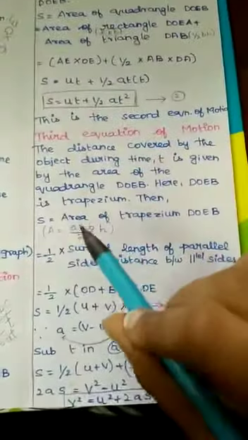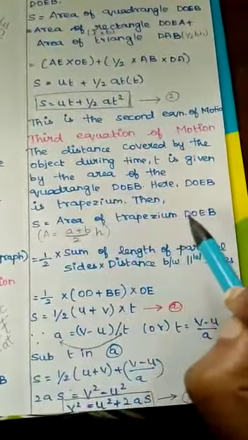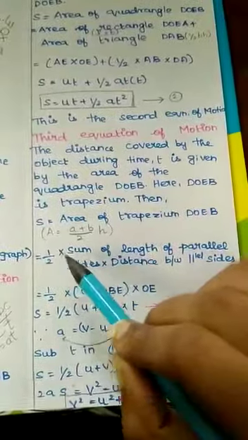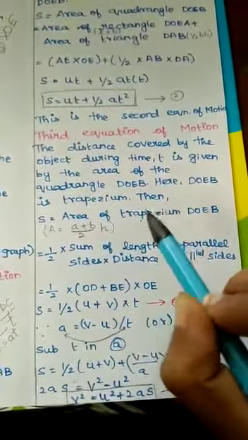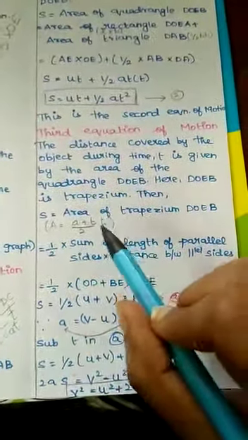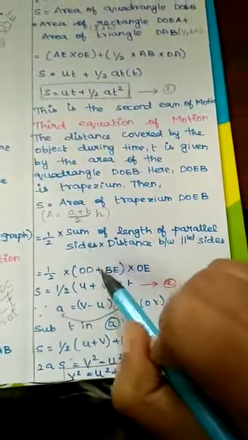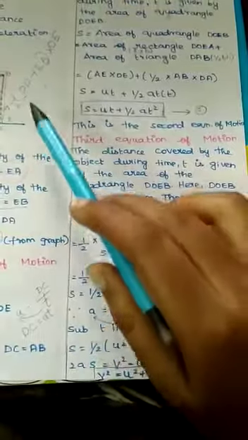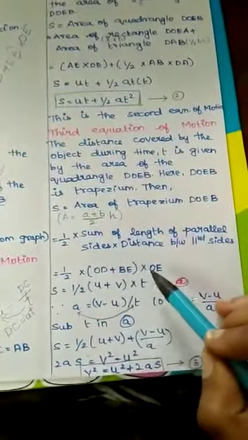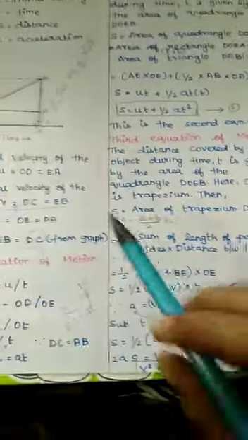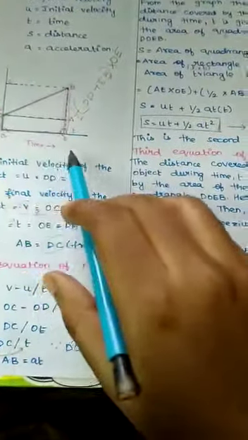So we have here, S is equal to area of trapezium DOEB. We are not splitting it, we are taking it as a direct trapezium, that is half into the sum of the length of the parallel sides. Just now we wrote OD plus BE into the distance between the parallel sides, which is OE.